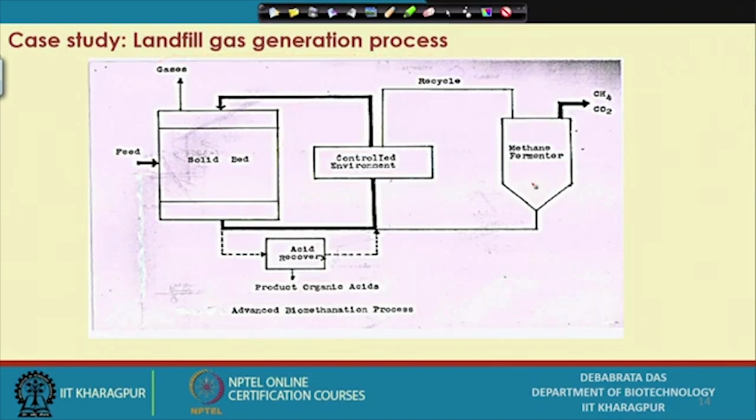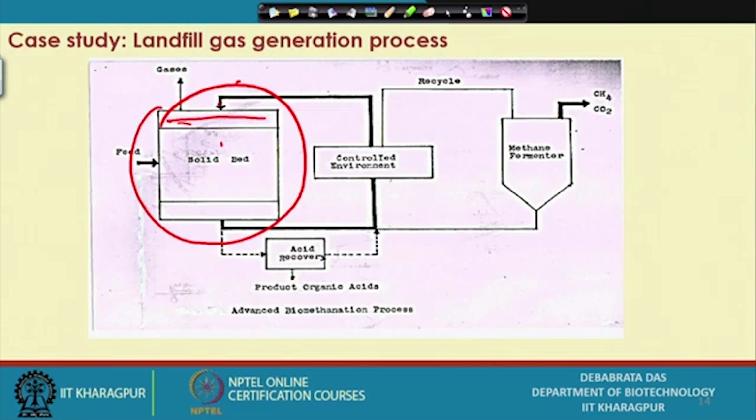This is the kind of technique that I want to show you, how you can make the conventional landfill gas generation process very fast. Now, this is the landfill area. Here we can spark the acidogenic organisms, so that the degradation of the solid material to organic acid will take place.